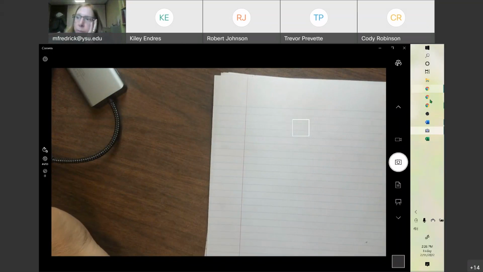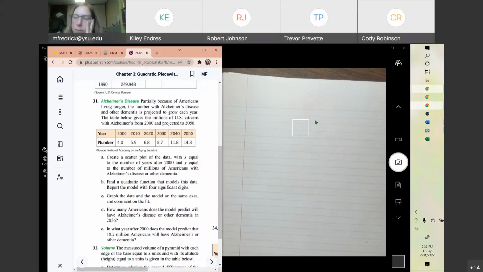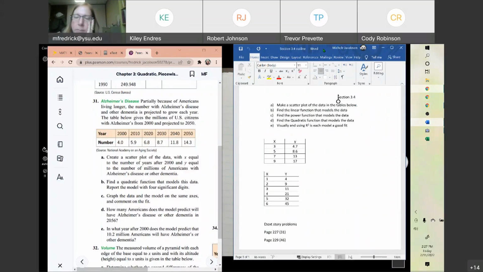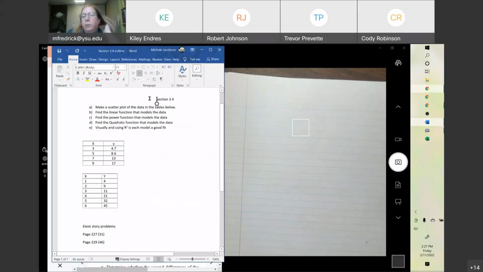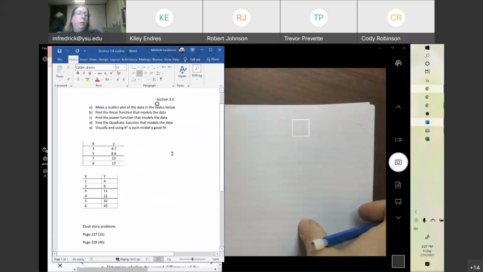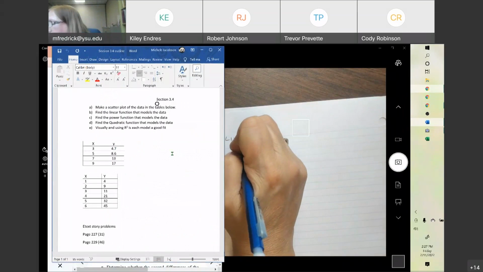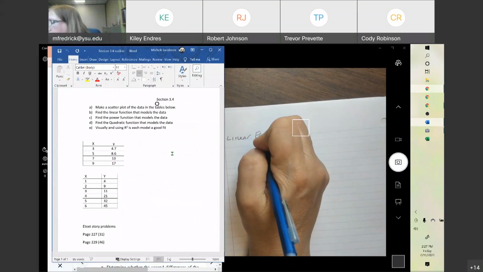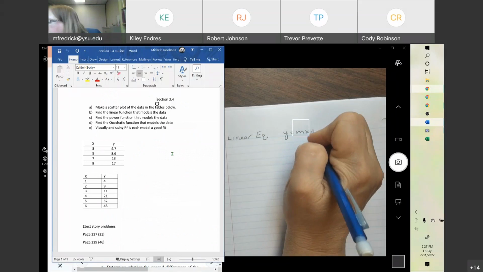Section 3.4 deals with a few different equations and knowing what they look like. So just as a refresher, linear equation is y equals mx plus b.